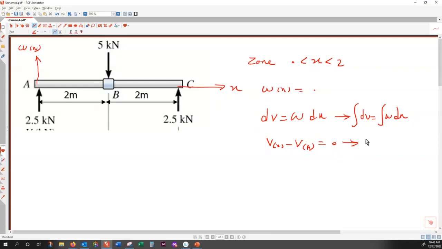Therefore, I can conclude that V of x is equal to V of A, that is V at x equal to 0, and that is 2.5 kilonewton.